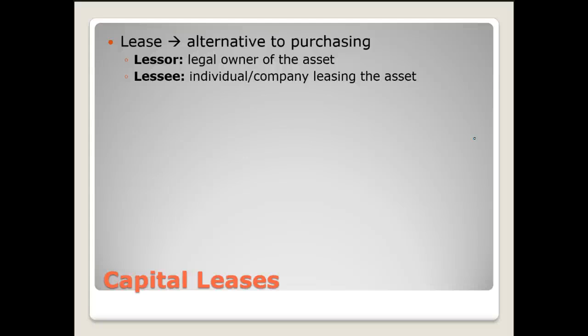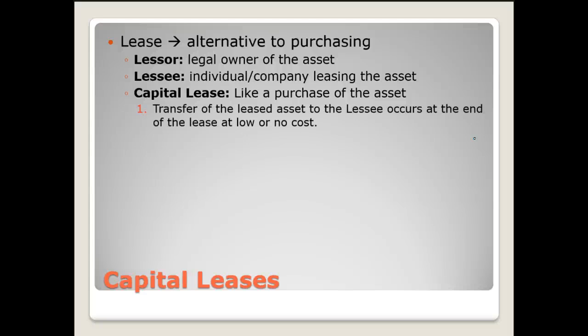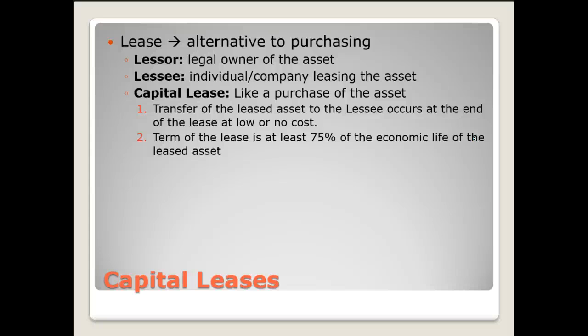Now, capital leases are different. In a capital lease, it's much more like the outright purchase of the asset. Now, there's 3 characteristics that would occur for a capital lease. Number 1, the transfer of the leased asset to the lessee will occur at the end of the lease at what we call a bargain cost, meaning at the end of the lease, the lessee actually gets to own the asset outright at little or no cost.